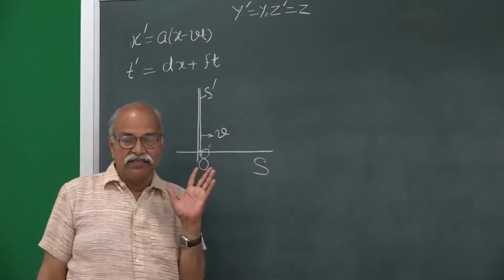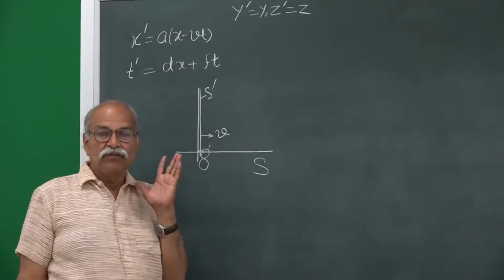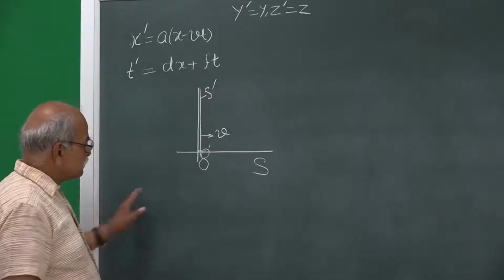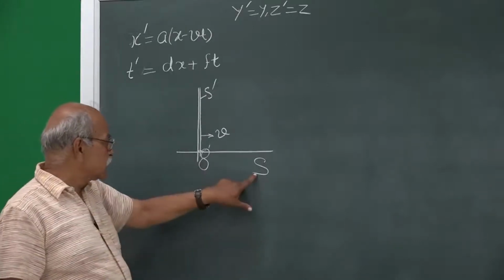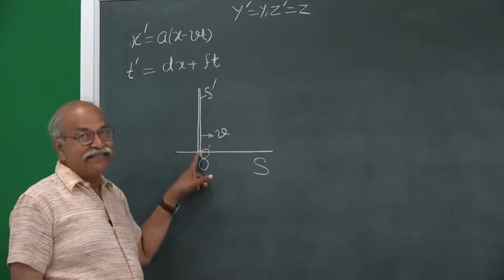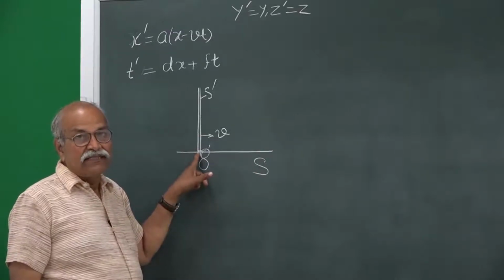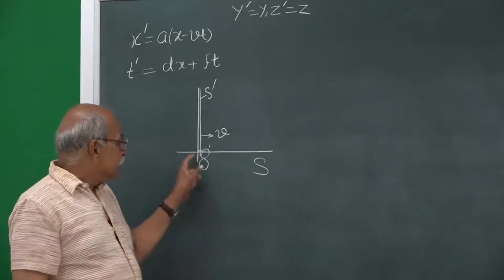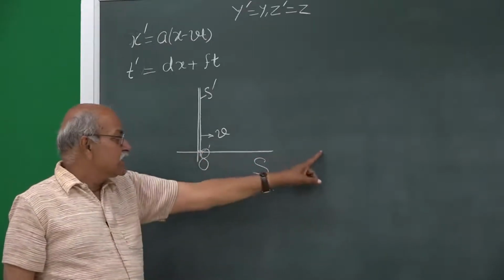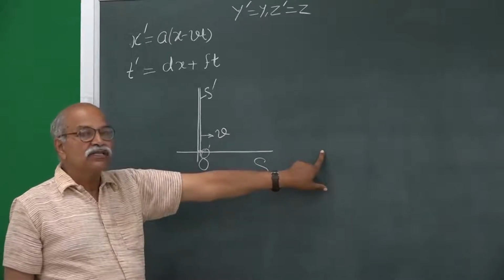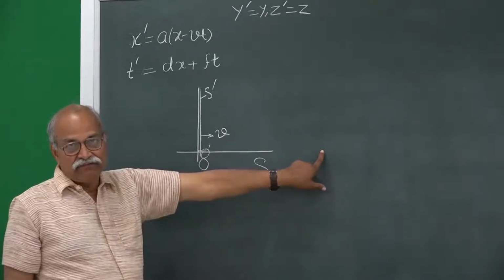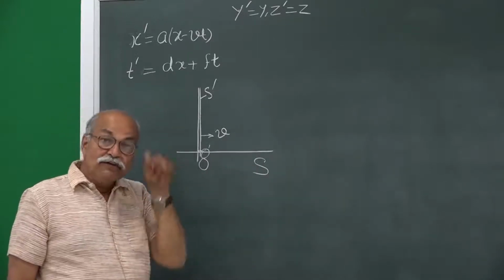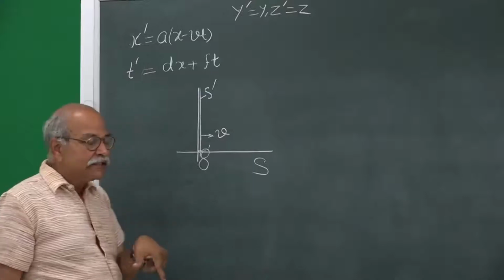In this context, we will be taking three events. The first event is that, as seen from S, time t has elapsed and the leading edge of the pulse on the x axis has reached the point x equal to c t, because electromagnetic radiation or light moves in all frames with speed c.